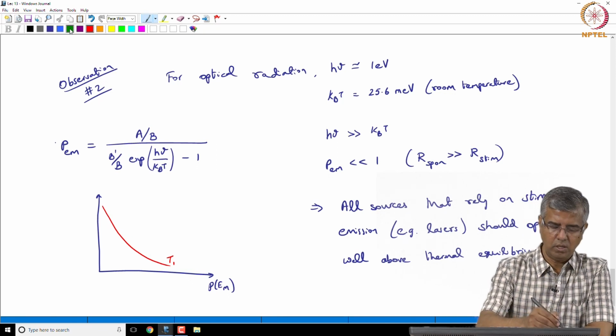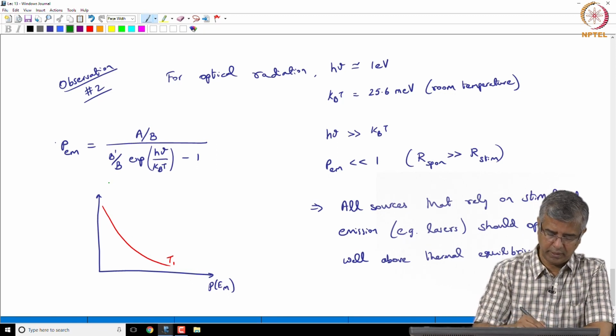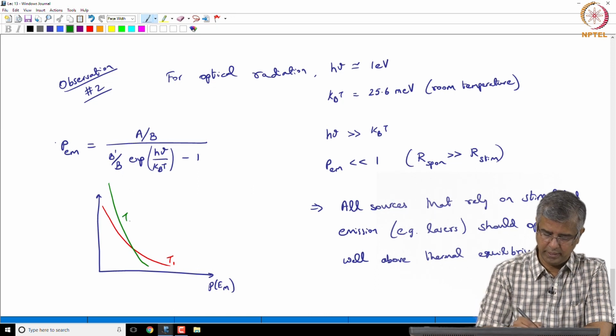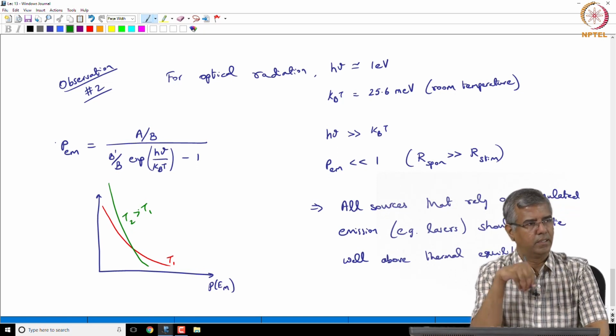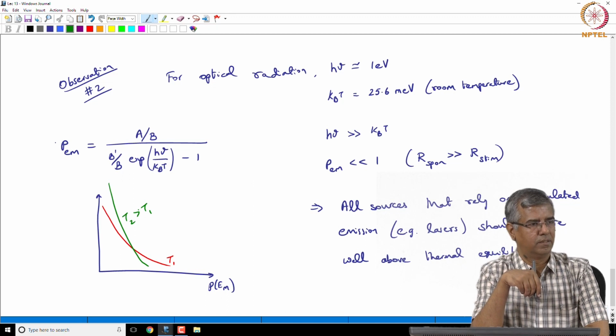If you go to a temperature T2 which is greater than T1, the probability is like this.